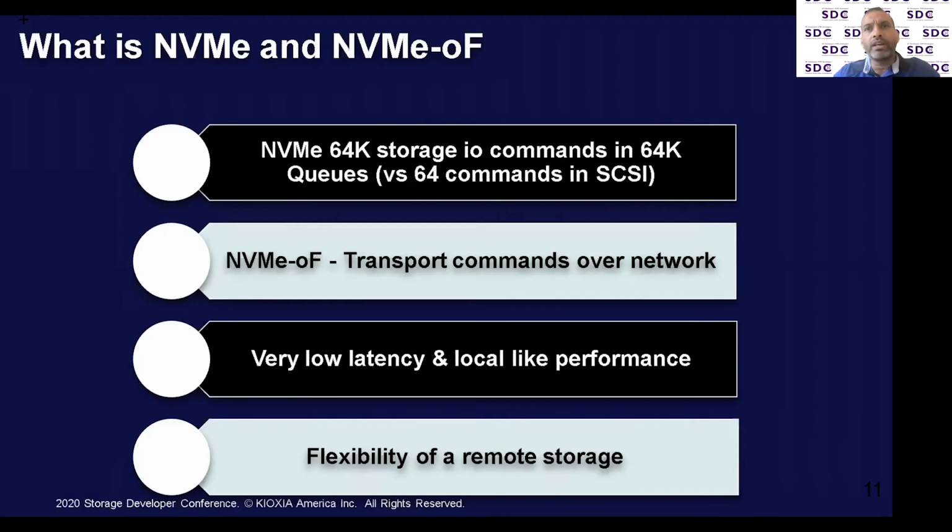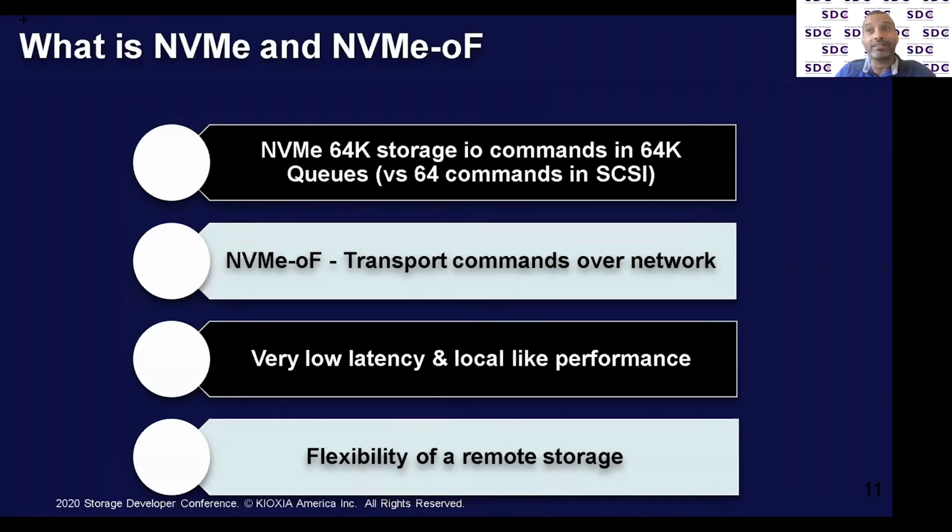What if we take those NVMe commands over the network, because we now have faster networks available? What if we take those NVMe over Fabric commands over the network from one node to another node? That's what is called NVMe over Fabric. So it's a transport which carries NVMe commands over the network.